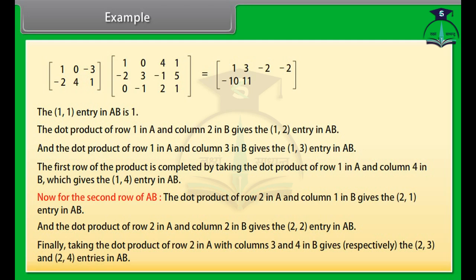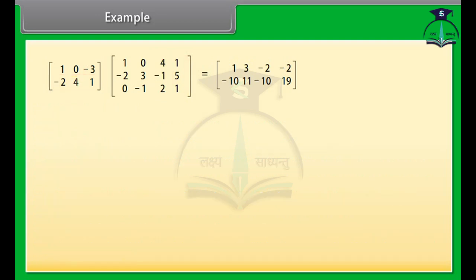Finally, taking the dot product of row 2 in A with columns 3 and 4 in B gives respectively the 2, 3 and 2, 4 entries in AB. Therefore, AB can be written as a matrix, row-wise: first row 1, 3, -2, -2; second row -10, 11, -10, 19.